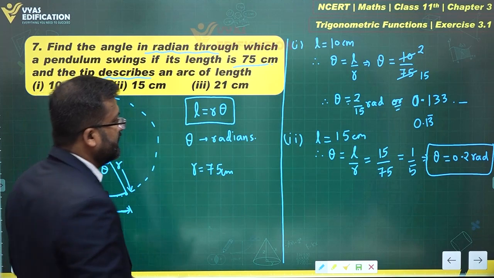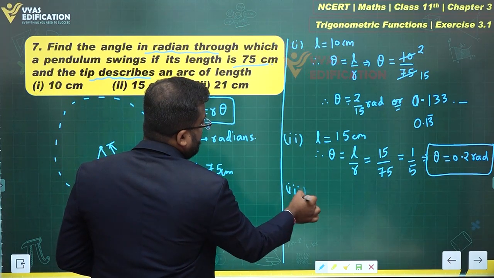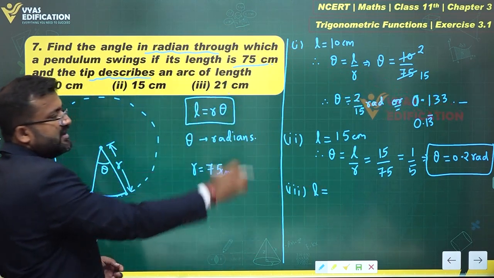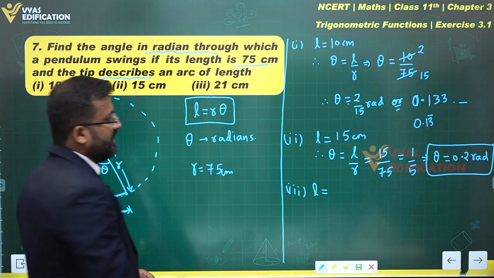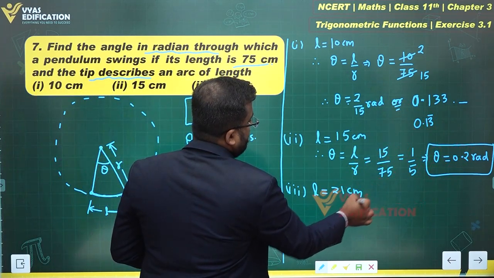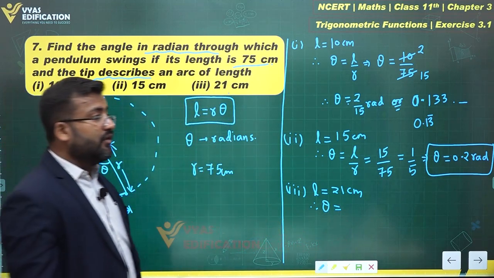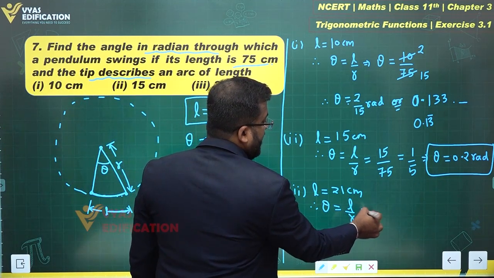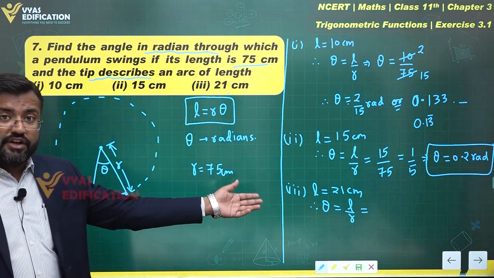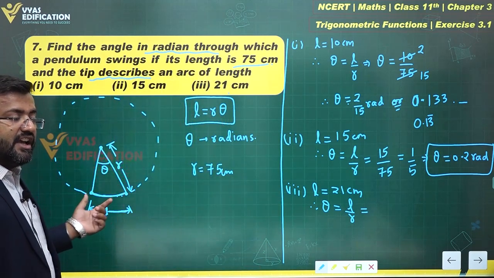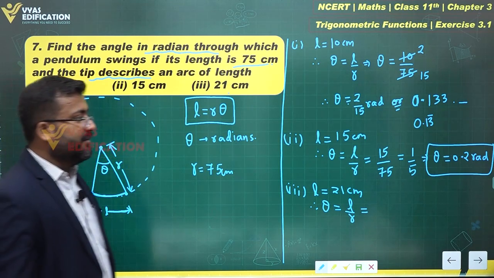What about the third part? In case of the third part, what is given is L equals 21 centimeter. Therefore, again using this result over here, theta would be equal to L upon R. L is 21 centimeter. R, as you may recall, is this 75 centimeter over here.